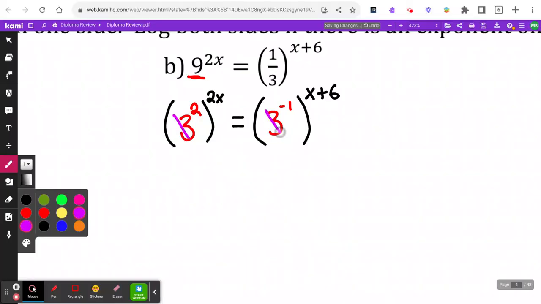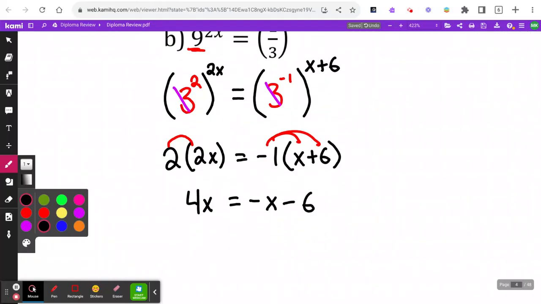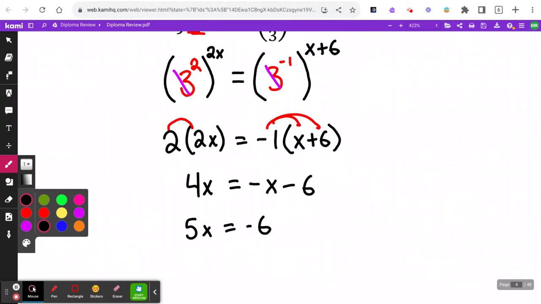Those 3's go away. I now have 2 times 2x equals negative 1 times x plus 6. Multiply the 2 in, multiply the negative 1 in. That gives me 4x equals negative x minus 6. Move the x over. That's 5x equals negative 6. Divide by 5.